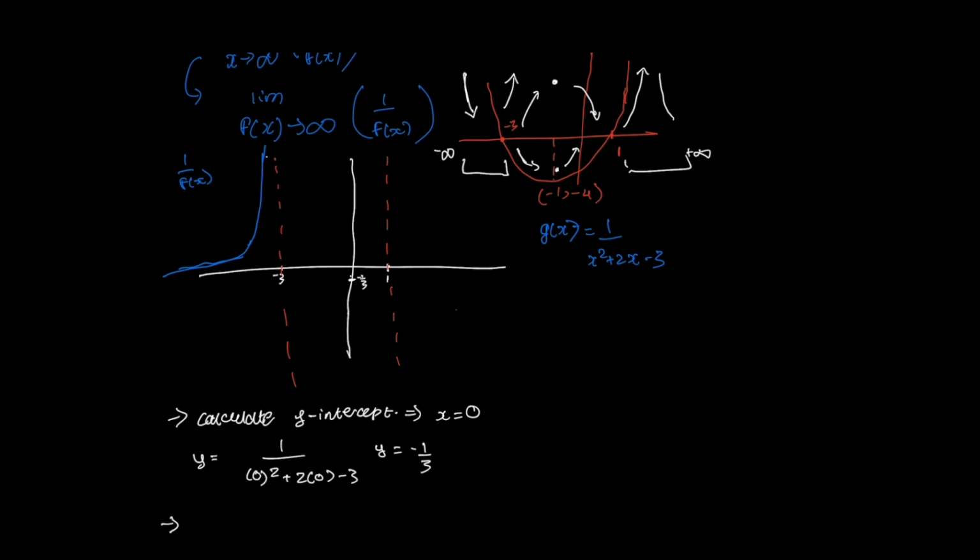Now the next region. We know that in f of x the graph is decreasing, touching a minima, and then from the minima point it is increasing again. So here it needs to be the exact opposite, and we need to intercept with the value -1/3. So how do we do that? The first part is decreasing in f of x, so here the function is increasing and hits a maximum point, and to find the maximum point we just take 1 over the minimum point which the original function touched.